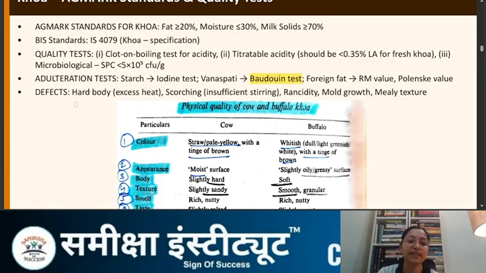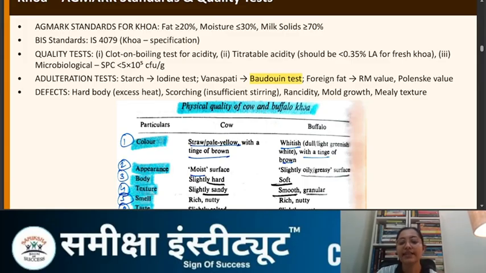So the defects can be: hard body because of excessive heat, scorching because of insufficient stirring and also high heat, then rancidity. Already I told you that if lipase is activated, it will lead to rancidity of milk fat.